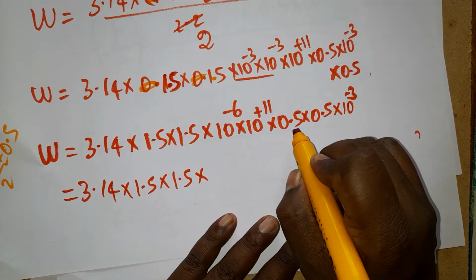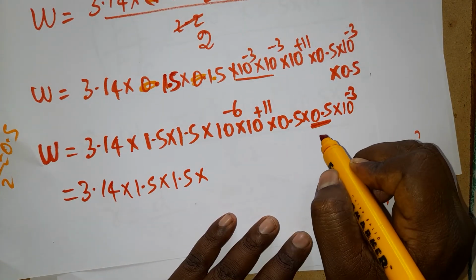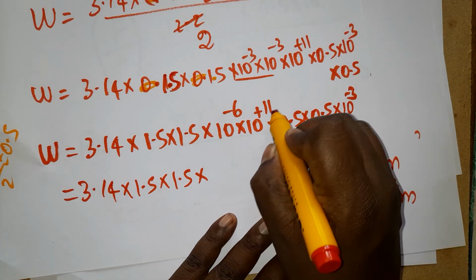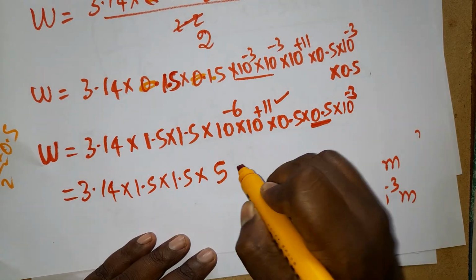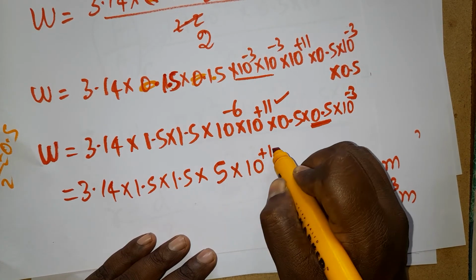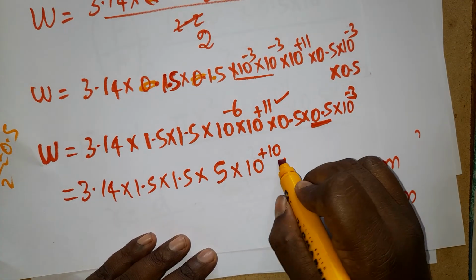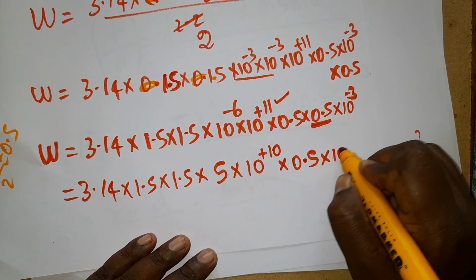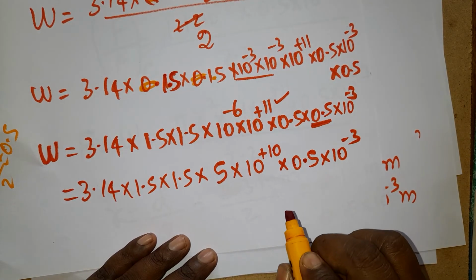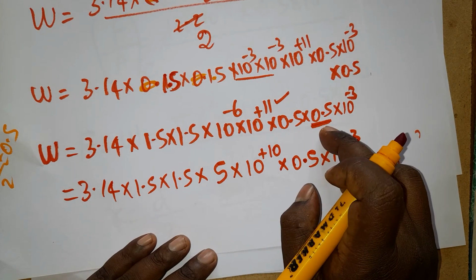Instead of 0.5 I am going to take it as 5. One decimal I have taken from here. Because of that 5, 10 power plus 10 will come, into 0.5 into 10 power minus 3, same only.